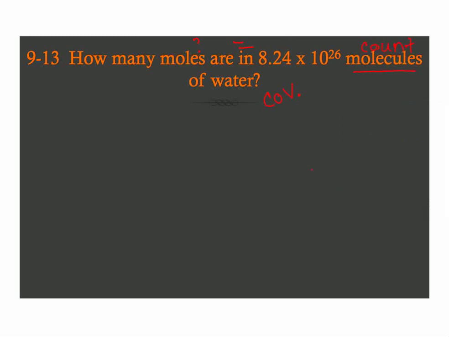When it's moles to a count, we use Avogadro's number, which is pretty big, so I'm going to leave myself lots of space there. All right? We put our given first opposite the question mark. So I've got 8.24 times 10 to the 26th.